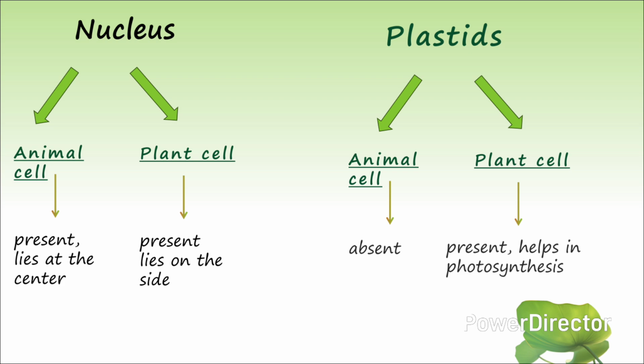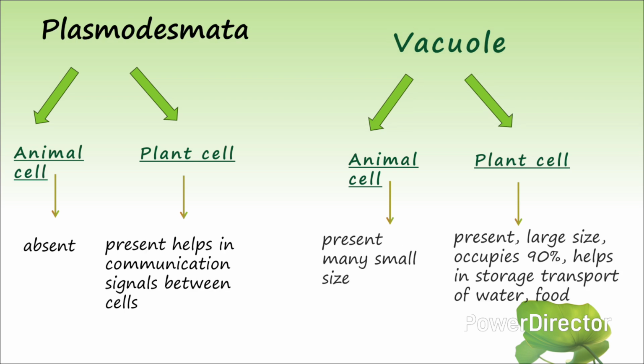Coming to plastids. Animal cells do not have plastids, but plant cells contain plastids such as chloroplast, which are needed for photosynthesis. Next is plasmodesmata. In animal cells, it is absent. Plant cells have plasmodesmata, which are pores between plant cell walls that allow molecules and communication signals to pass between individual plant cells.